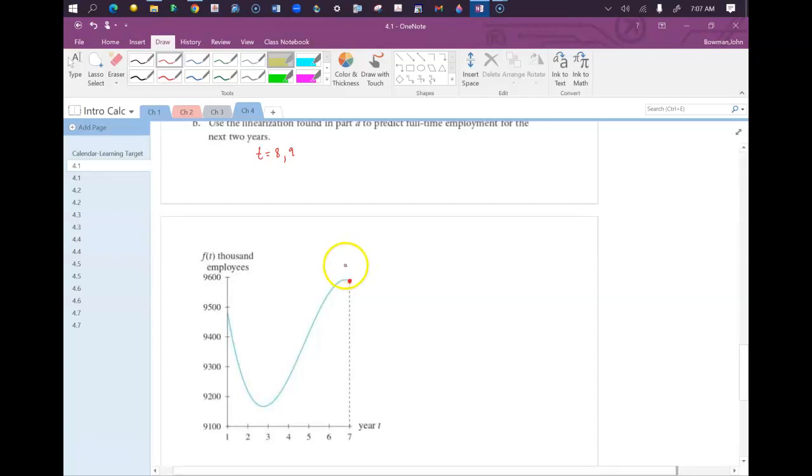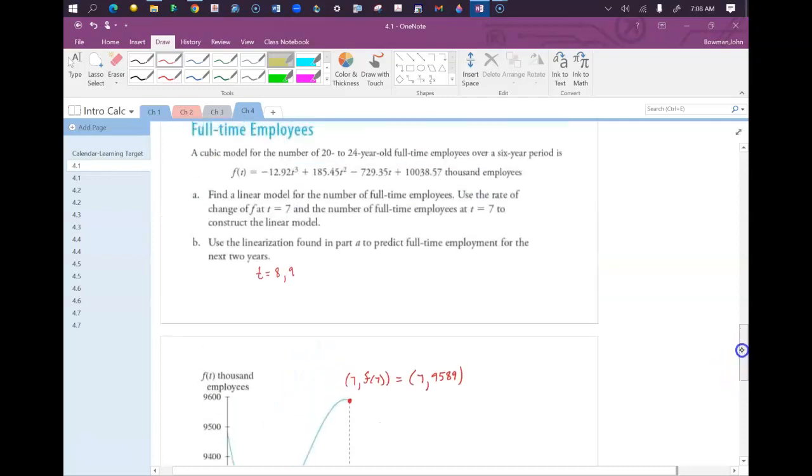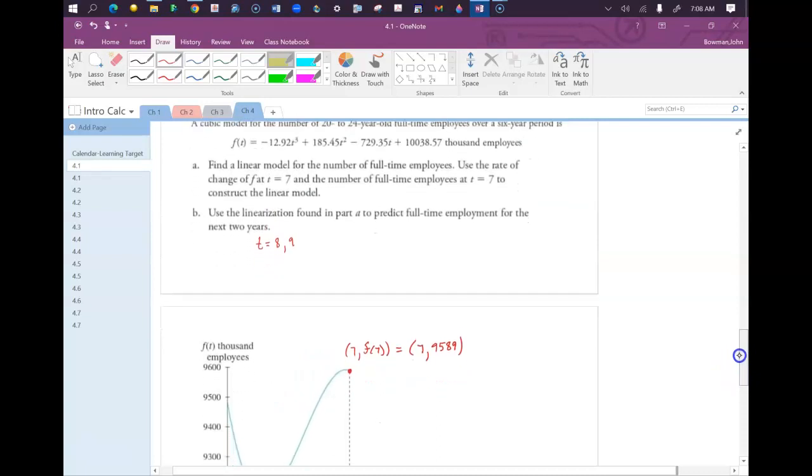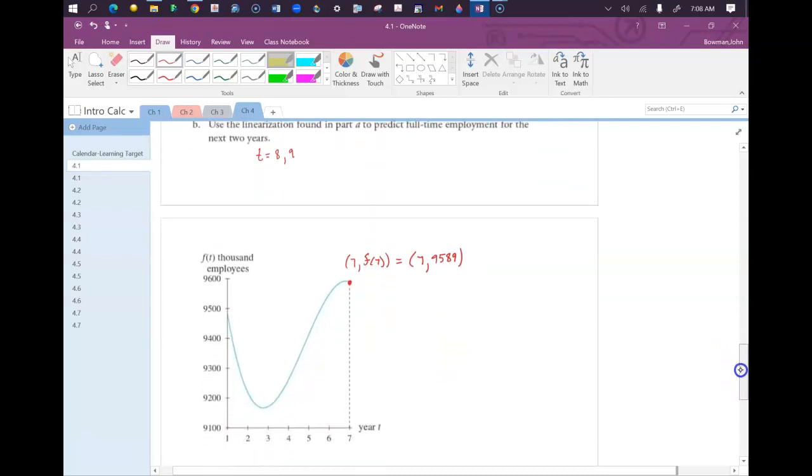So 7 comma f of 7, and if you plug that in, you get f of 7 being approximately equal to 9,589. And that's our point of tangency. All I did there was plug that into the function f of t, and you can verify that.